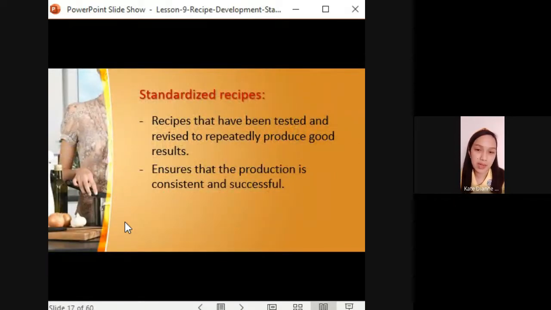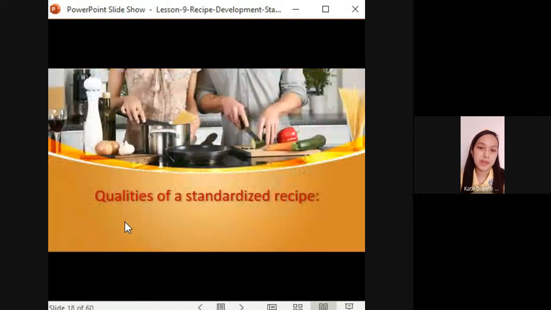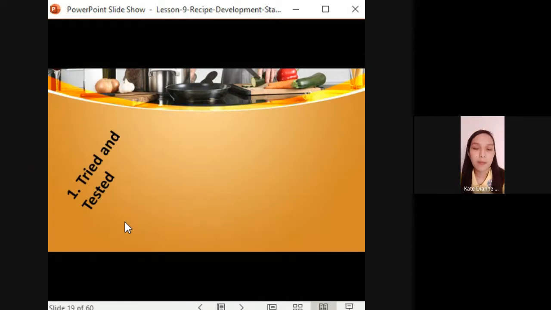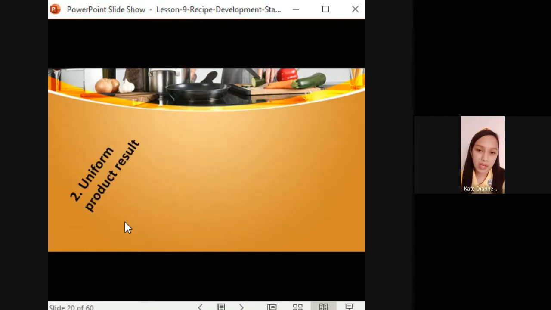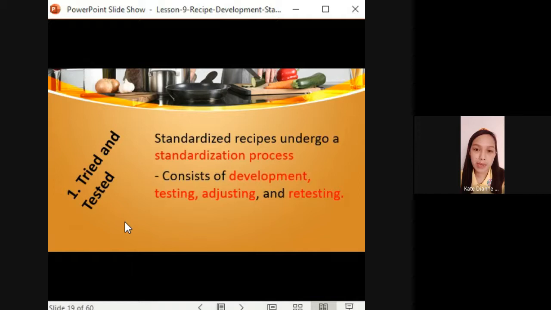Okay, next slide po. So, list down the qualities of a standardized recipe. First, tried and tested. Standardized recipes undergo a standardization process. It consists of development, testing, adjusting, and retesting.